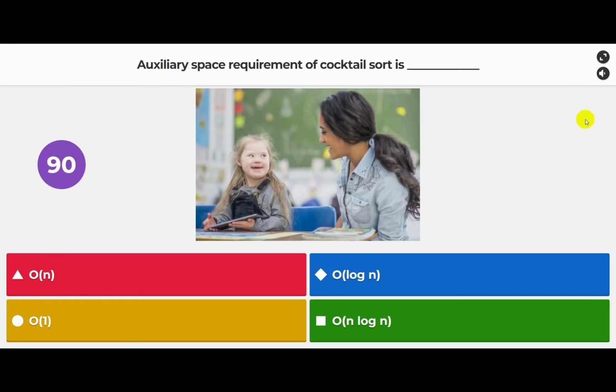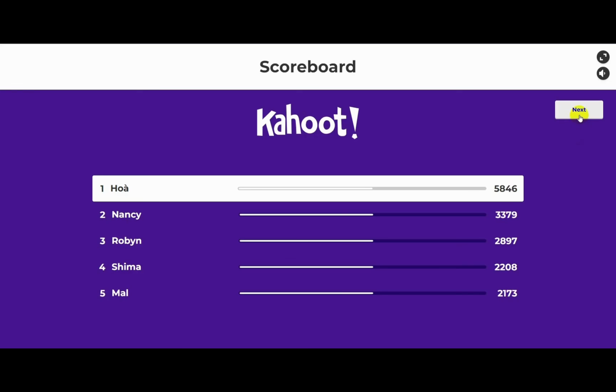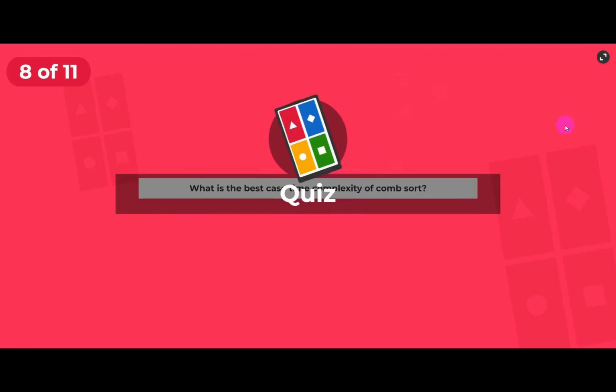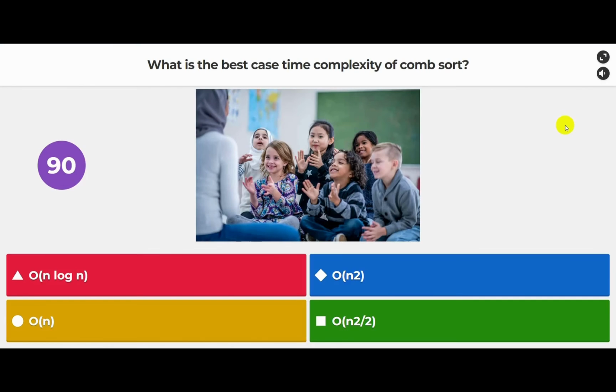Auxiliary space requirement of cocktail sort is? Like comb sort, cocktail sort also does not require additional space, so O(1) is the correct answer. What is the best case time complexity of comb sort? The best case time complexity of comb sort is O(n log n), like said before.